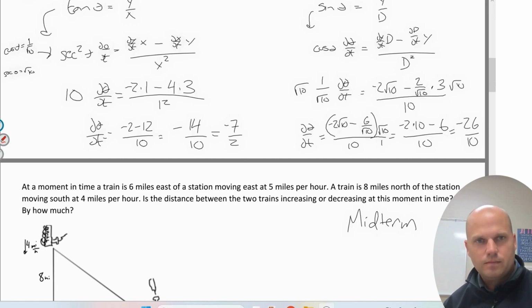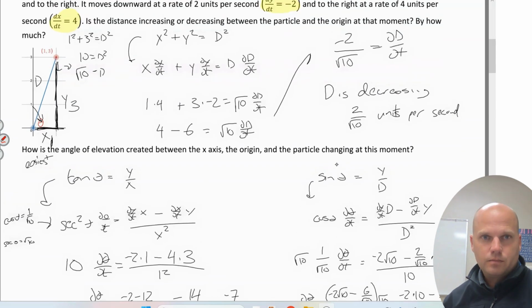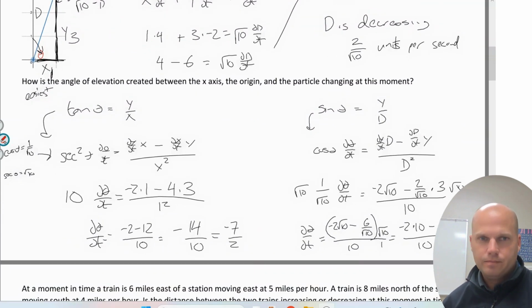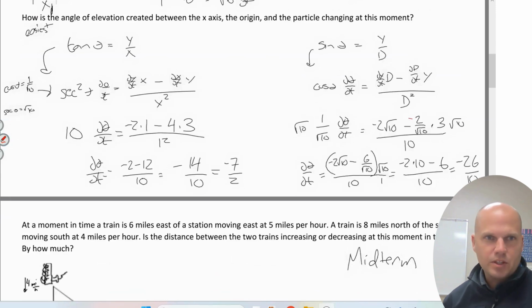Why do I get a different answer? I shouldn't get a different answer unless I made a mistake here. Oh, dd dt is -2 root 10. This should be a negative. That should be a negative, which means this becomes a plus.